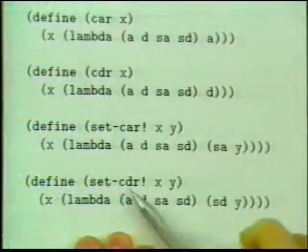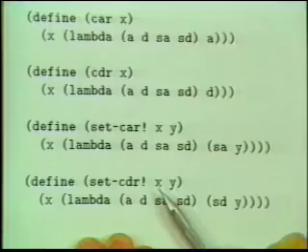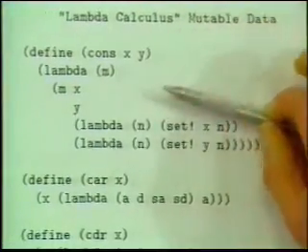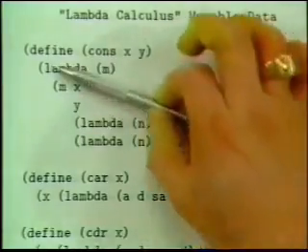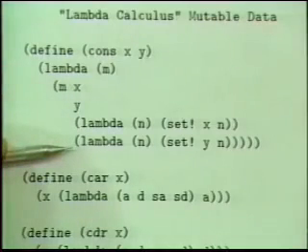Supposing I wish to set-cdr! of x to y. See that right there, set-cdr! of x to y. x is presumably a cons, a thing resulting from evaluating cons, right? Therefore, x comes from a place over here, that x is the result of evaluating this lambda expression, right?